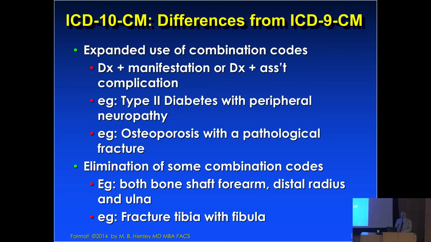You can no longer report a both bone forearm fracture or a distal radius and ulna fracture. Both of those fractures have to be identified independently and will require two different codes. Also a tibia and fibula fracture. Both fractures have to be defined in terms of the anatomy and the anatomical pattern independently.